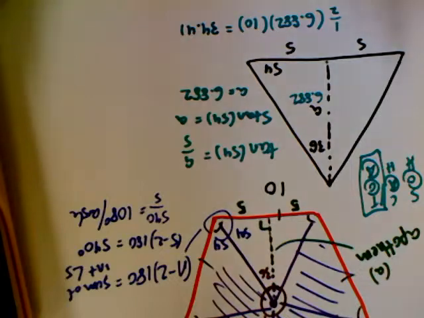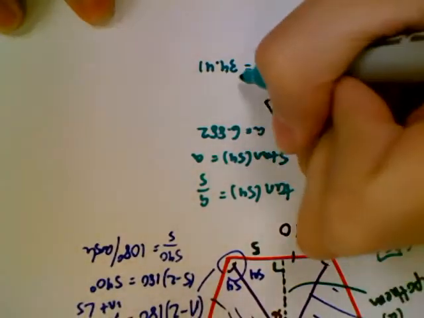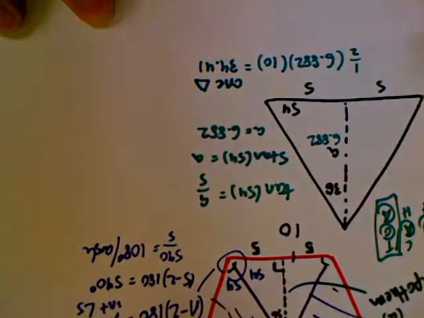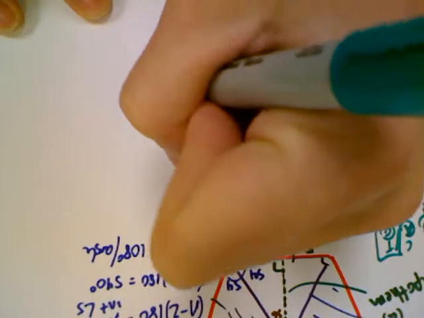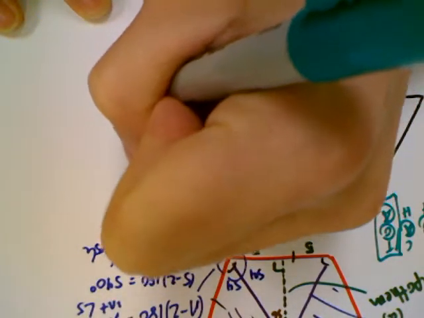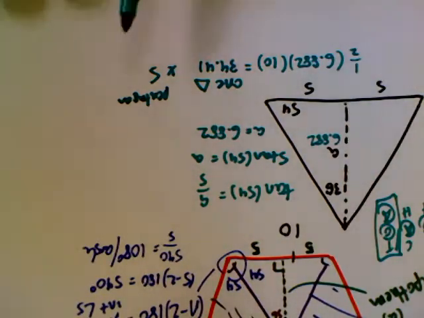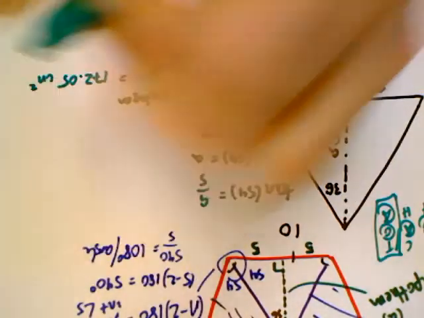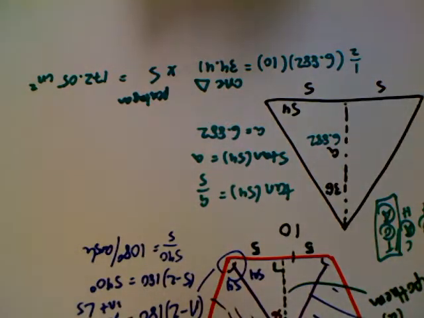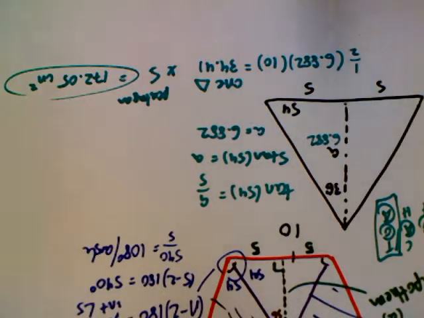That's one triangle. So since this is one of the triangles and there's 5 of them because it's a pentagon, 34.41 times 5 comes out to 172.05, and this is square units. So that's what the area of this is.